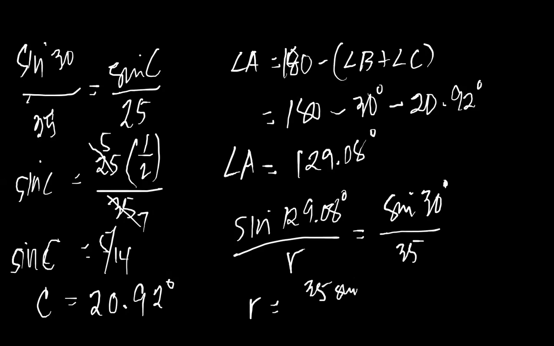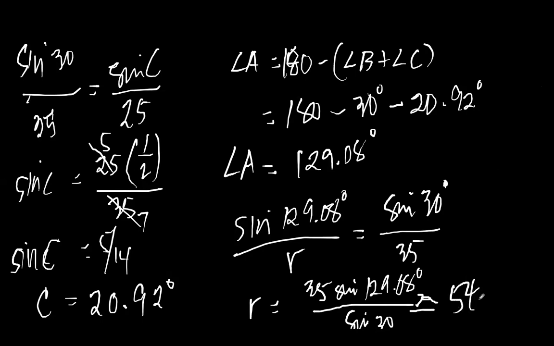Okay, R is equal to what? 35 sine 129.08 over sine 30, which is 1/2. Okay, so what's the value, guys? 54.342.